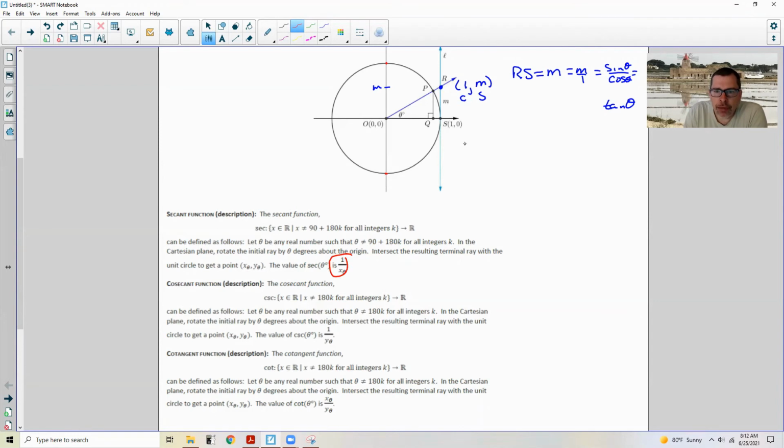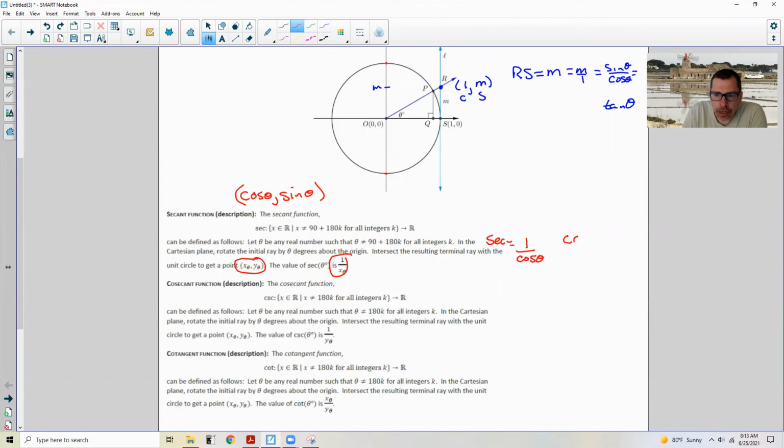So remember, if I choose a point x comma y like this, the point x comma y is also cosine of theta comma the sine of theta. Cosine is your x value, sine is your y value. So if I take the cosine theta, which is x sub theta, and say 1 over x sub theta, what I'm really saying is 1 over cosine theta, and that's secant.